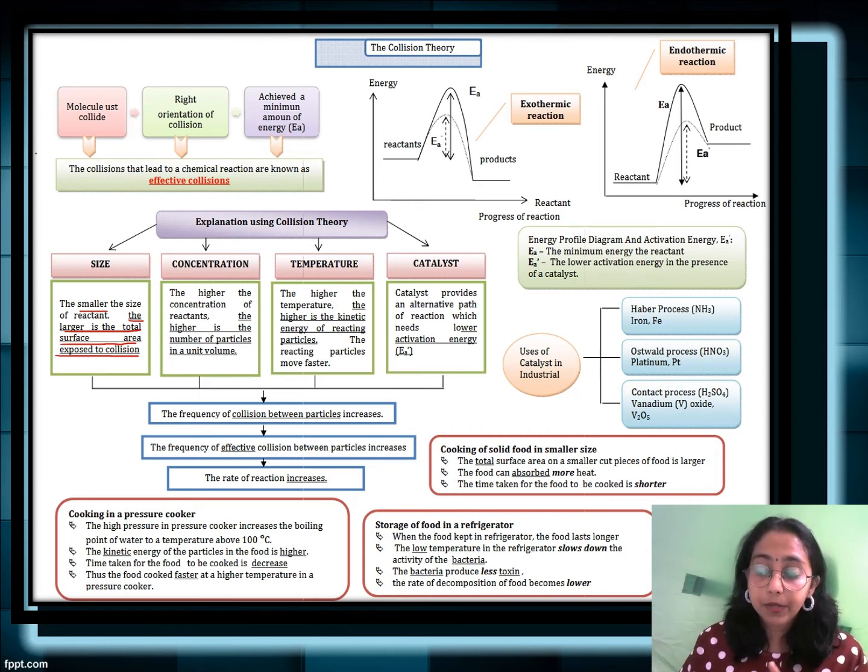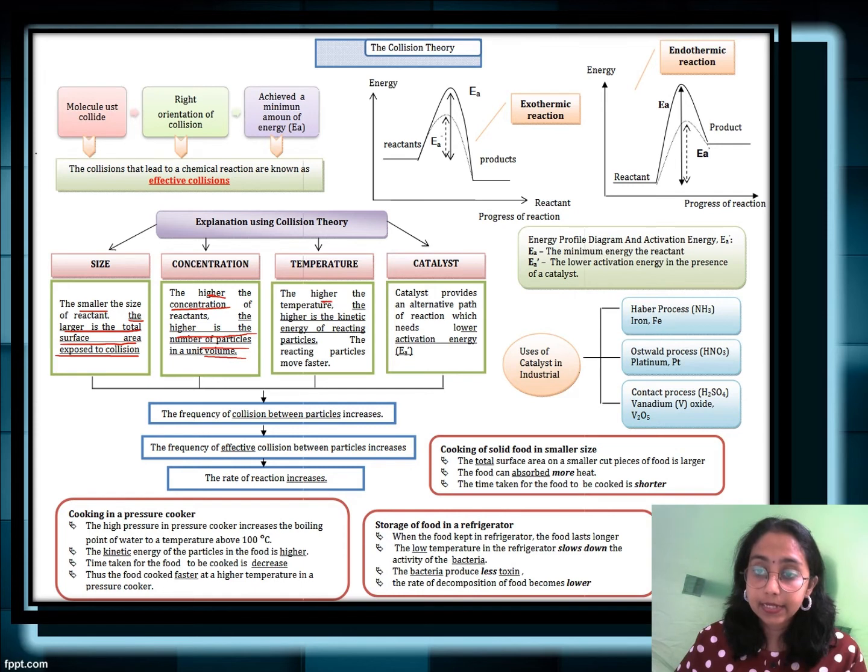Whenever you are talking based on collision theory, the smaller the size, the larger the total surface area exposed to collision. When we are talking about concentration, the higher the concentration, the higher the number of particles per unit volume. The word particles is a very general term. You will have to mention specifically the name of the particles involved in the reaction, based on the reaction given to you.